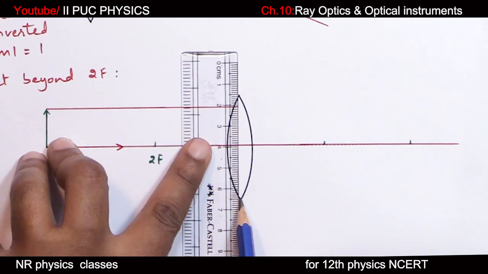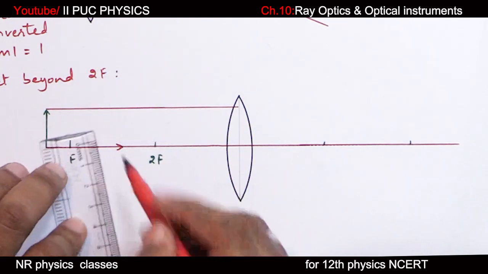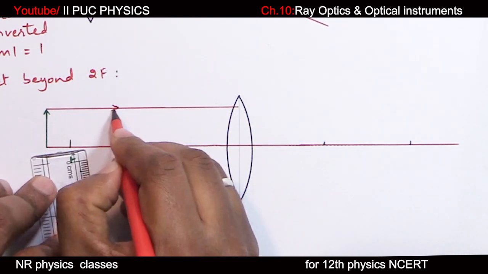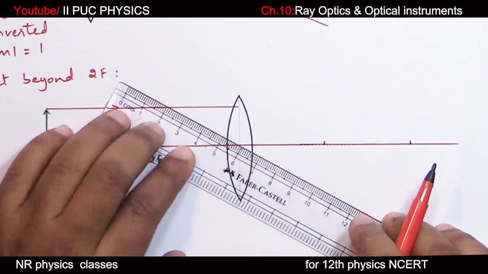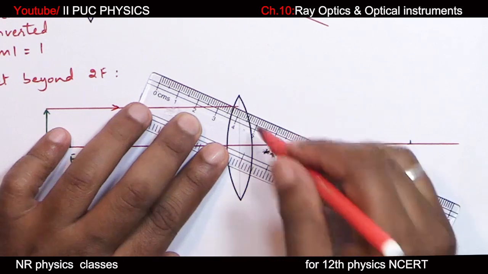This is the principal section of the lens. After refraction, this ray should pass through the focus, like this.